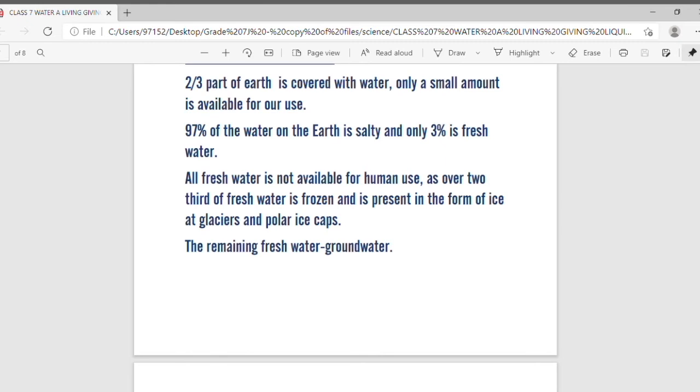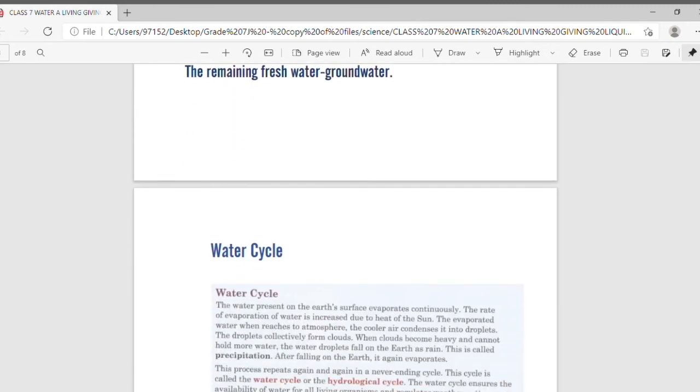Only 3% is fresh water. That fresh water is groundwater. All fresh water is not available for human, as over 2/3 of fresh water is frozen as glacier and polar ice caps.